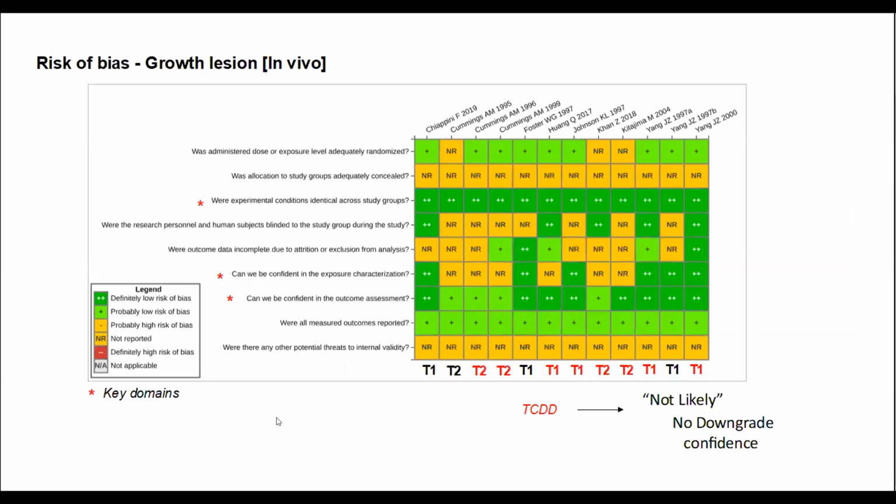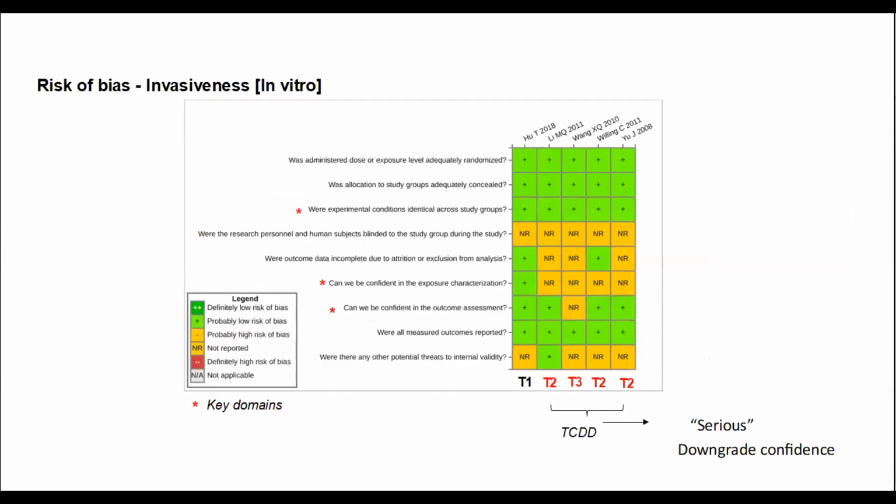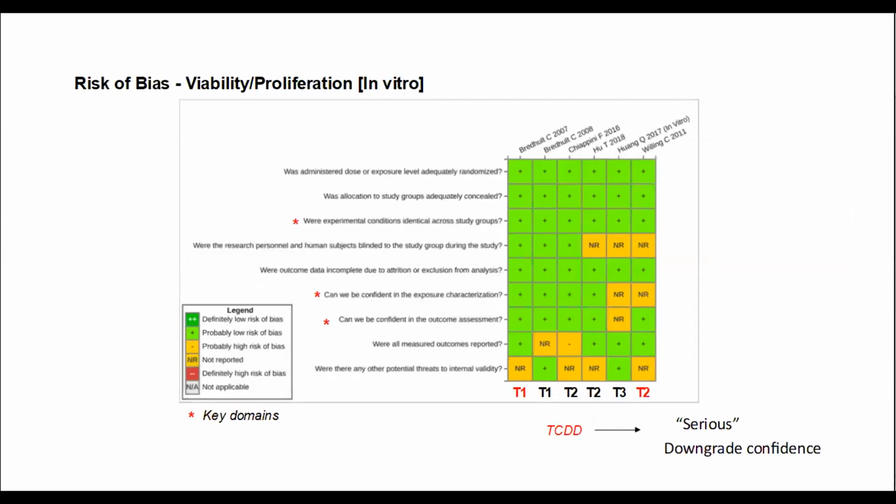In the case of lesion growth, we consider it not likely, so not to downgrade. In the case of invasiveness in vitro, we consider also serious risk of bias to downgrade the confidence, and similarly for the proliferation outcome.